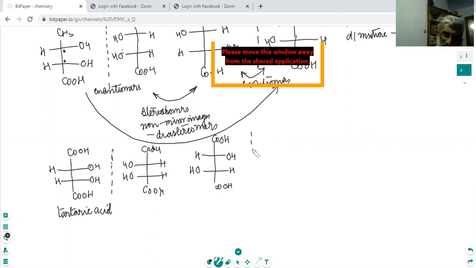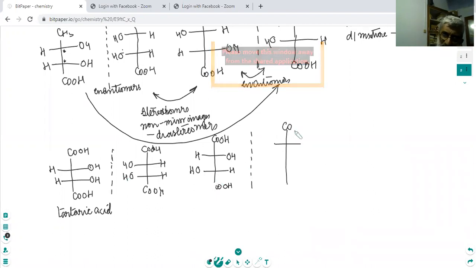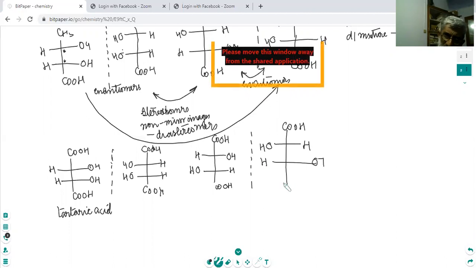Now this has got one mirror image. This is the mirror image of this compound. So I put the OH here, H here, H here, OH here, and COOH here.